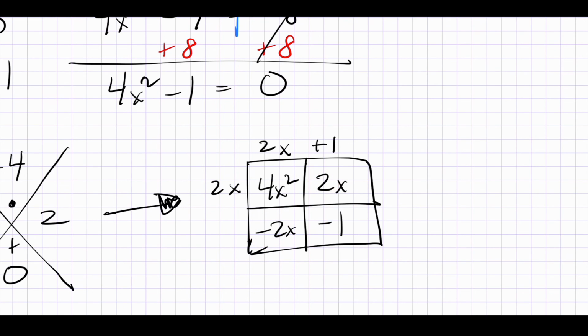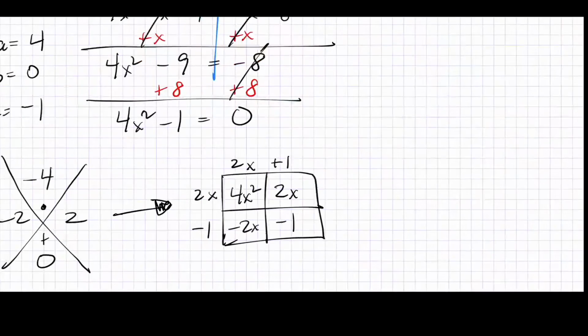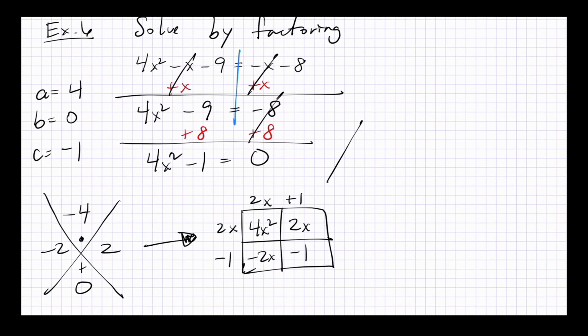So that's going to go in positive once and that's going to go in negative once. So I have 2x plus 1 and 2x minus 1. Very similar, just different signs in the middle.